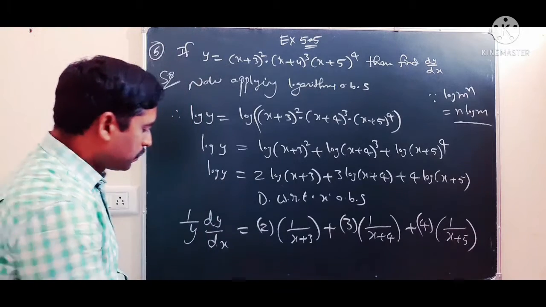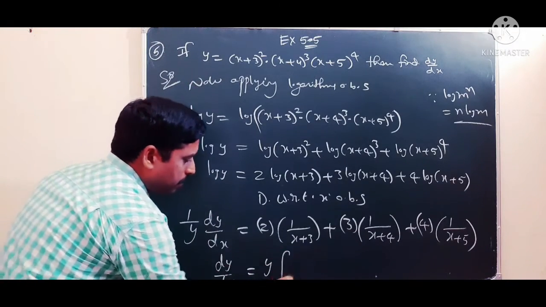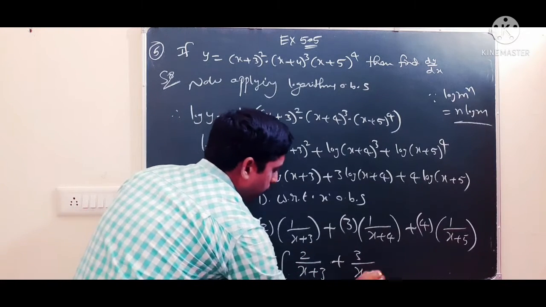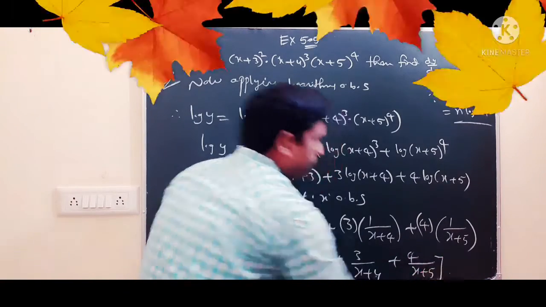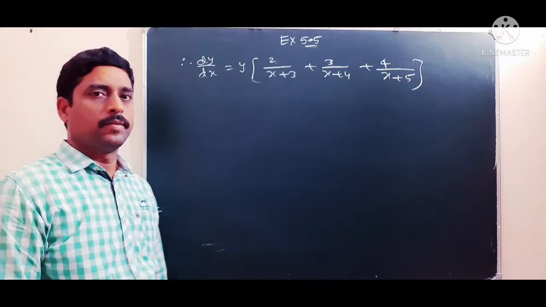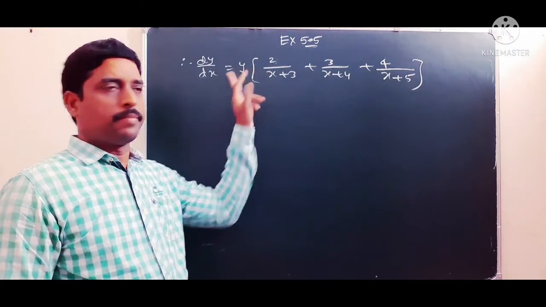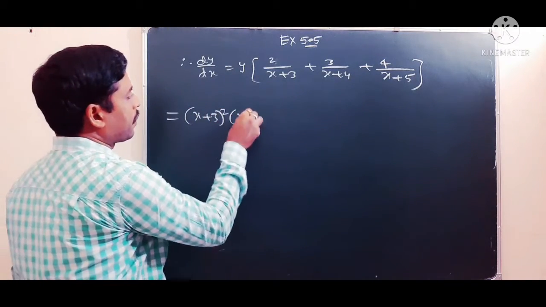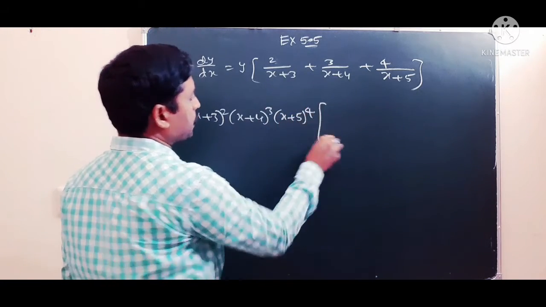Okay, so let us do cross product. dy by dx is equal to y times (2 by (x plus 3) plus 3 by (x plus 4) plus 4 by (x plus 5)). In the place of y, we should write the given expression: (x plus 3) whole square, (x plus 4) whole cube, (x plus 5) power 4, into the bracket.